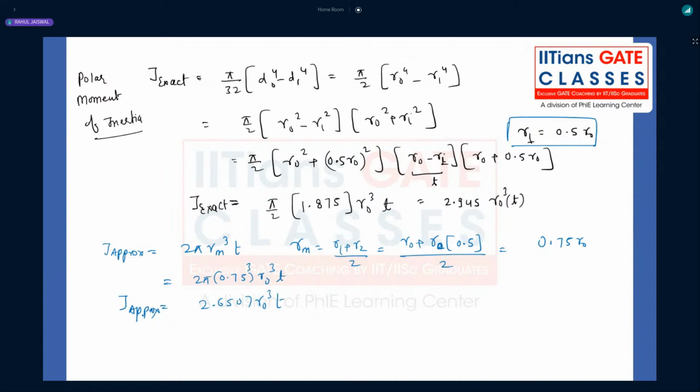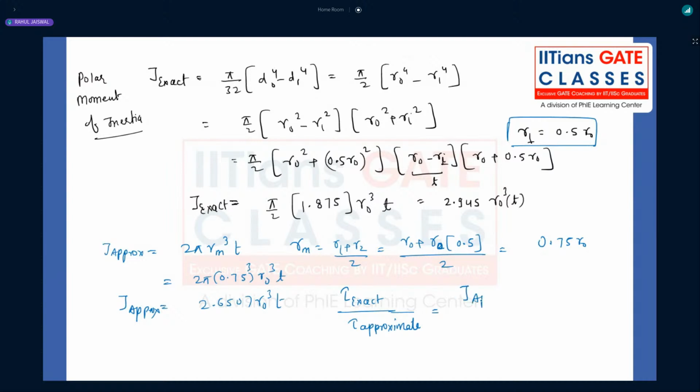Now once we got the J approx value, we can put the values into the tau formula, right? Tau exact divided by tau approximate. We know that the product T and R in the numerator will be constant, only the polar moment of inertia will change.